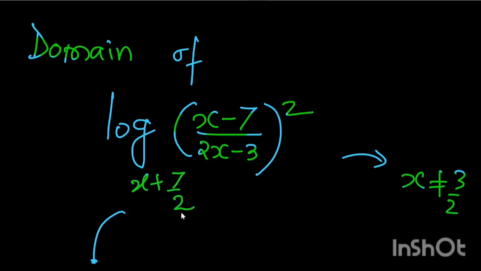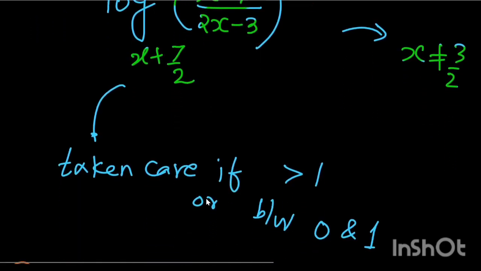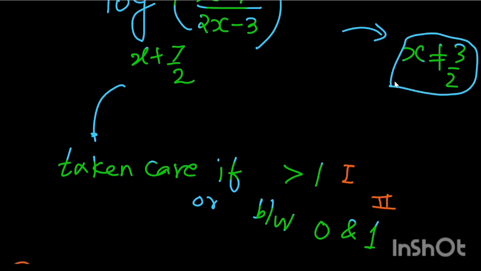As far as this base is concerned, it should be positive and not equal to 1, which will already be taken care of if we take two cases: greater than 1 in case 1, or between 0 and 1 in case 2. So from the domain we need to take care that x shouldn't be equal to 3 by 2.